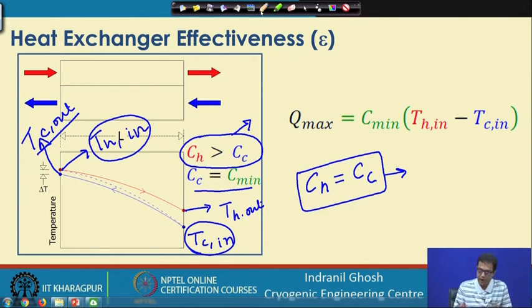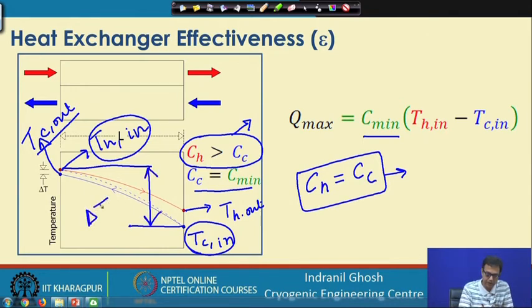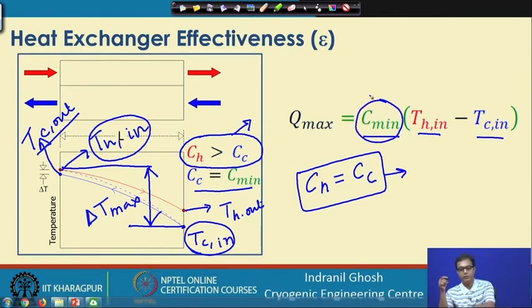Now, if we look at this, the maximum heat that can be transferred is with the minimum capacity fluid, and what is the maximum difference in temperature? This is the maximum difference in temperature, delta T max, between the cold in and the hot in. So, T H in minus T C in multiplied by the C min will give you the maximum amount of heat transfer.